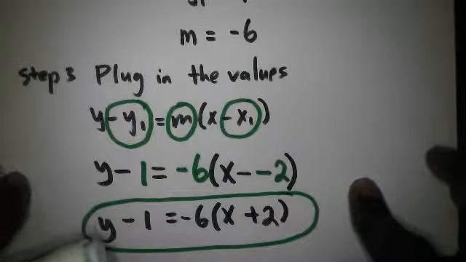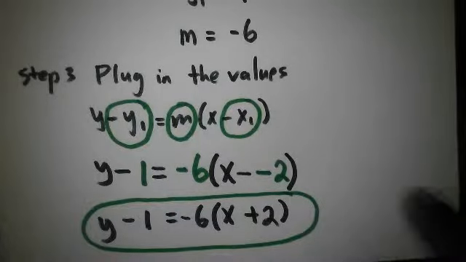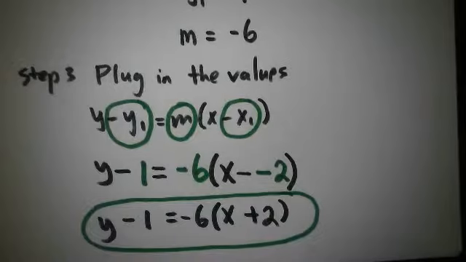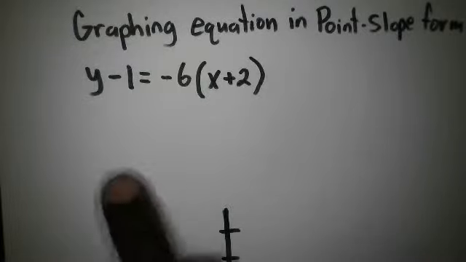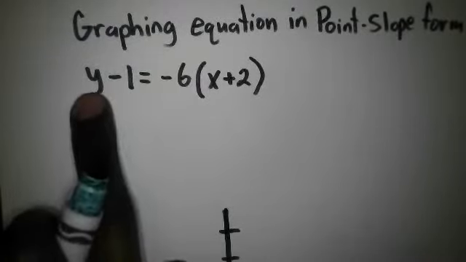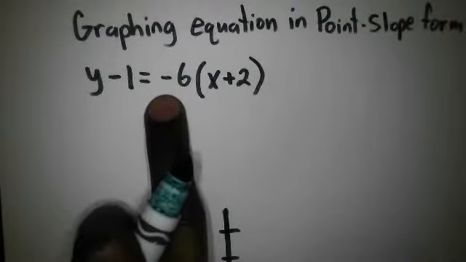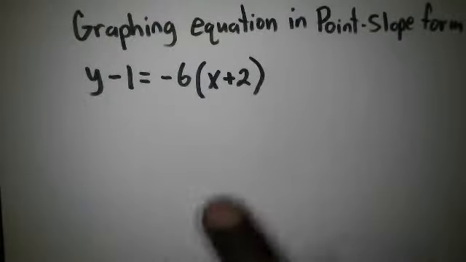Now what we're going to do is graph this equation. Graphing an equation in point-slope form. So here's the equation we just made: y minus 1 equals -6 times x plus 2.